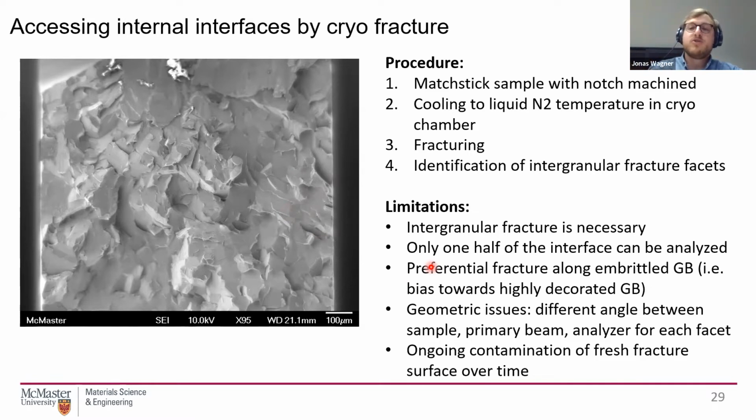You will not consider them in your analysis. As you can imagine, all those fracture facets have different angles, different orientations towards the analyzer and the primary beam. That can also make it difficult to get a good signal out of one specific fracture facet.